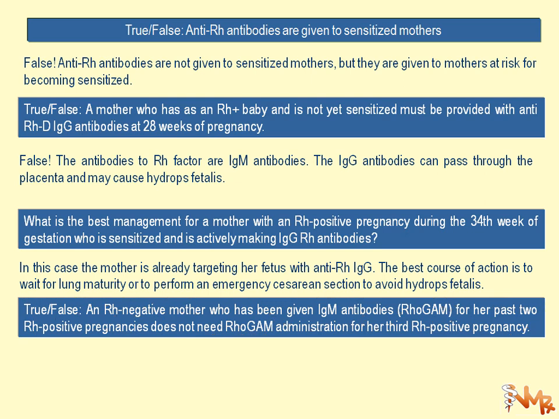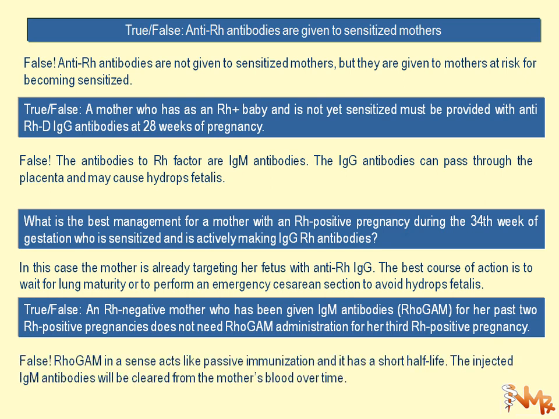True false? An Rh negative mother who has been given IgM antibodies, RhoGAM, for her past 2 Rh positive pregnancies does not need RhoGAM administration for her 3rd Rh positive pregnancy. This is false. RhoGAM, in a sense, acts like passive immunization.